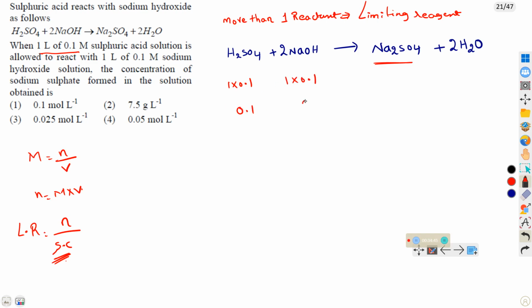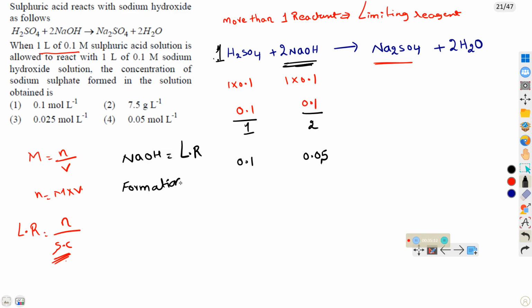Here also 0.1 mole. Number of moles divided by stoichiometric coefficients. Divided by 1, divided by 2. So this is 0.1, this is 0.05. So what is the limiting reagent? NaOH is the limiting reagent.